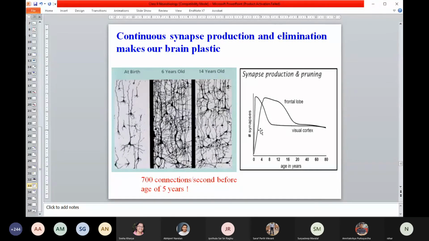So what I'm trying to make clear is that the synapse number is continuously changing in our brain, and the change is more dramatic in childhood. Another way to think of it: our childhood brain was more plastic than the adult brain. The teenage years are probably the turning point.